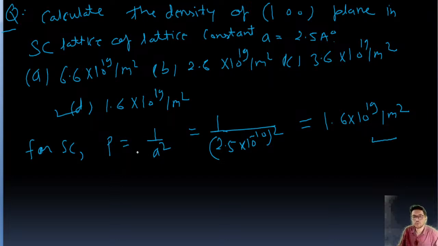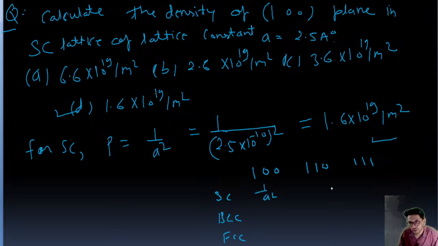So I have told you how to note down these values. I have explained in the chart. I'll show you here: for the 100 plane, for the 110 plane, for the 111 plane. This is SC, this is for BCC, and this is for FCC. What we need to write is 1 upon a square, 1 upon root 2 a square, 1 upon root 3 a square. Again, for the next we write 1 upon a square, 1 upon root 2 a square, and 1 upon root 2 a square.